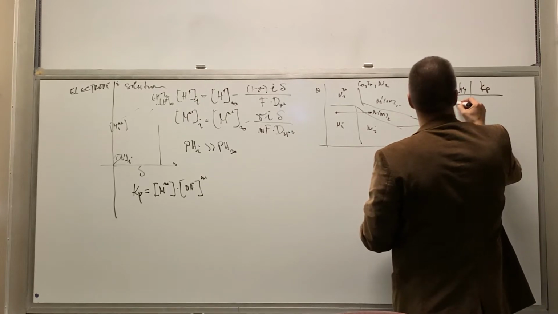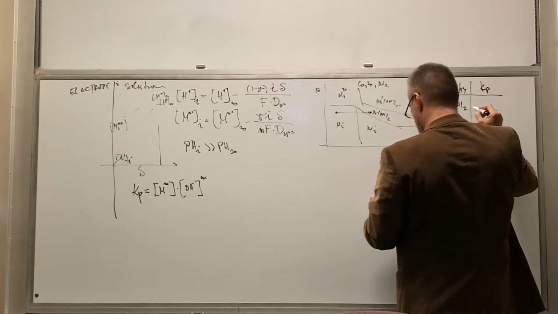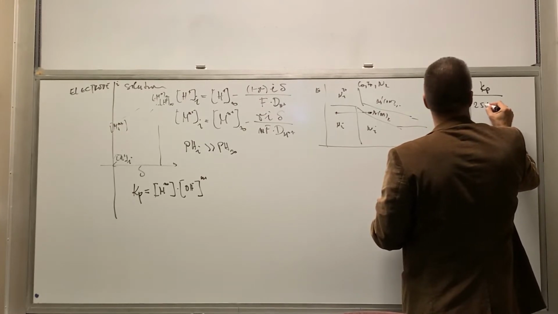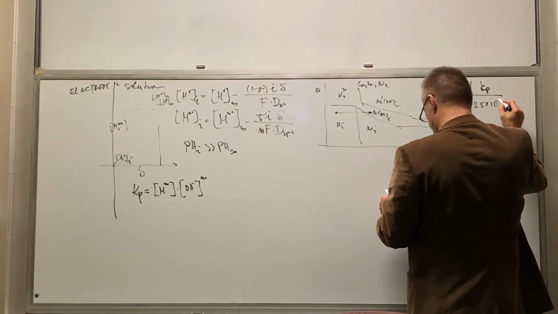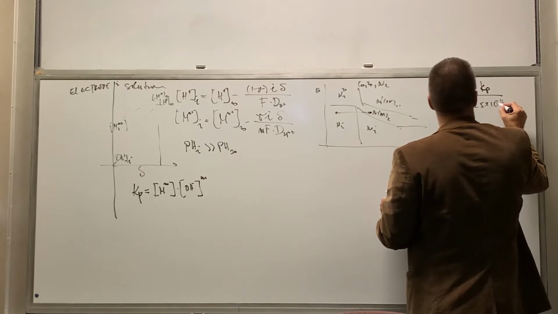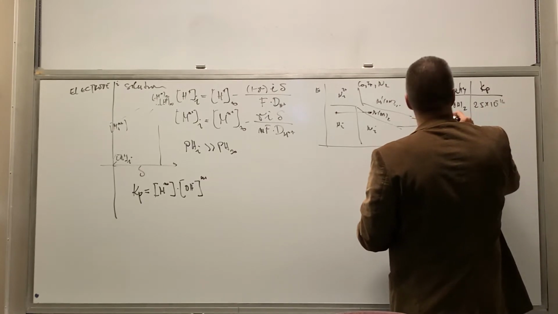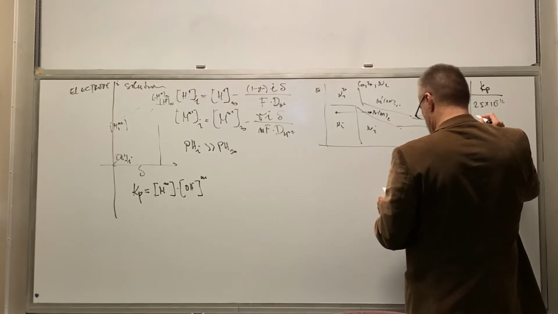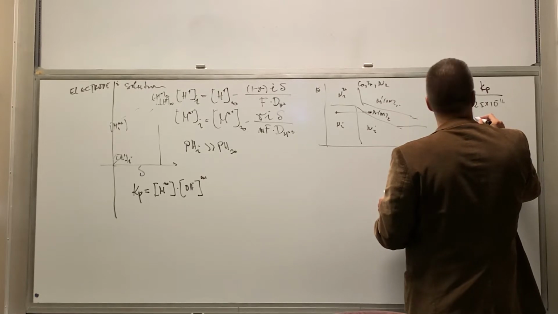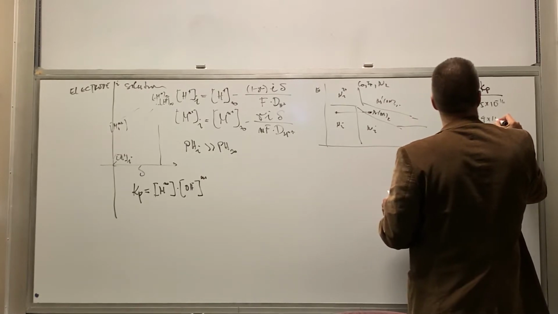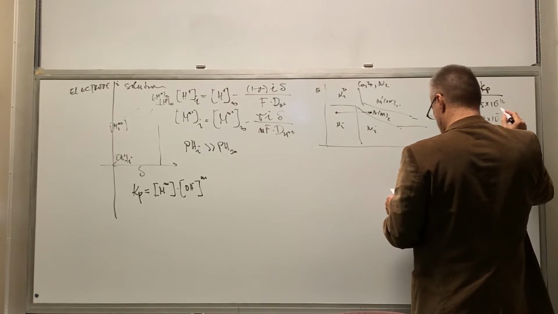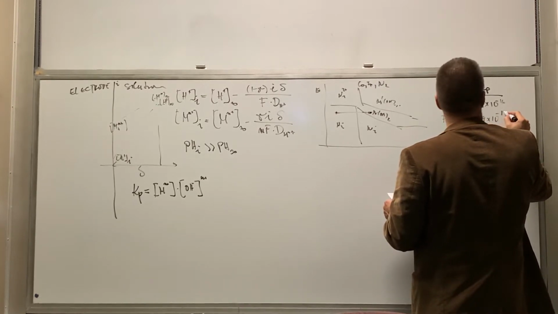For metal hydroxides, I'm just going to give you an idea so you understand. If this is cobalt hydroxide, the Ksp is of the order of 2.5 times 10 to the minus 16, right? Then iron 2 hydroxide, Ksp is of the order of 7.9 times 10 to the minus 15, right?